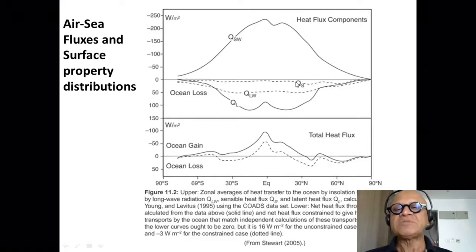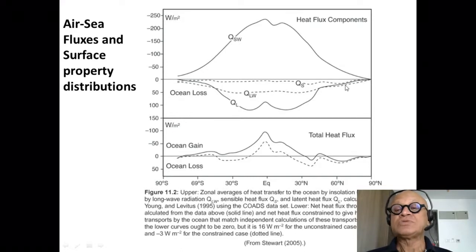You have sensible heat loss, which is very small. We will see the formulations for these. Long wave we already know as sigma T to the fourth, and there is the latent heat loss. So you can see that latent heat loss turns out to be the major component in most places.